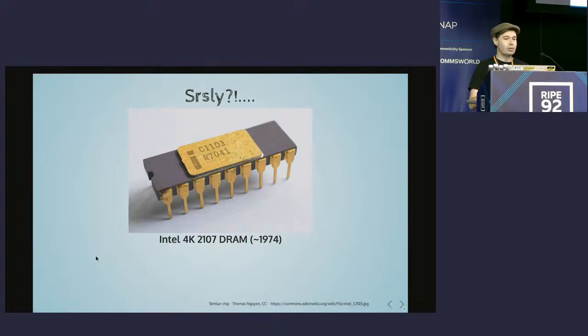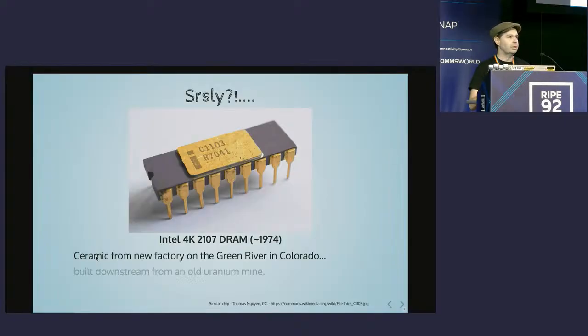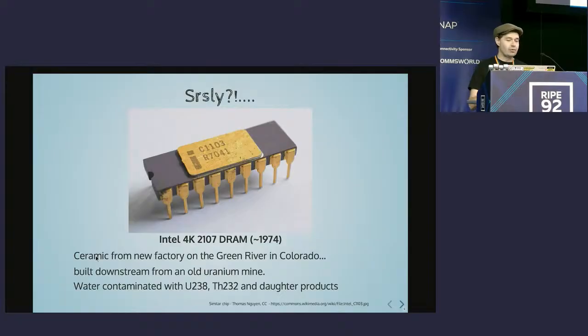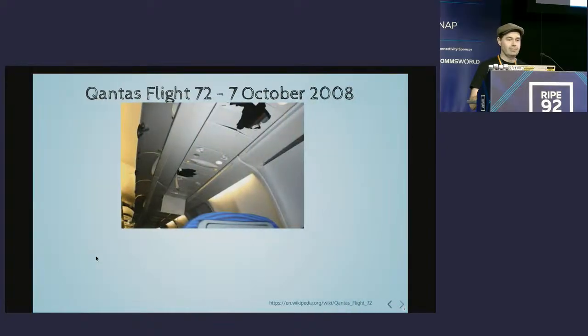Computers were becoming a lot more common, and Intel decided that they needed a lot more of the ceramic packaging material. So they built a factory for this on the Green River in Colorado, and it was downriver from an old uranium mine. The water that they used was contaminated with little bits of uranium and thorium, and these would create alpha particles, which would cause RAM issues.